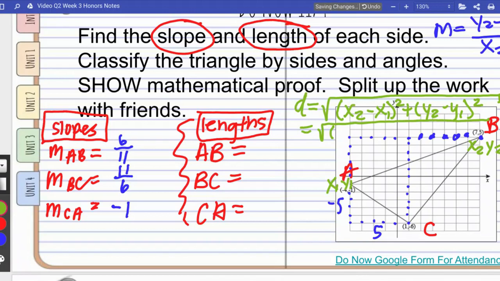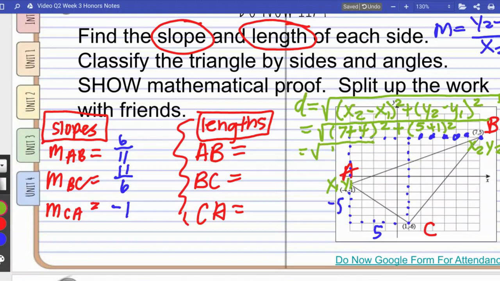x2 is 7. So that's 7 minus negative 4, which makes 7 plus 4 squared, plus y2 minus y1, that's 5 and negative 1. 5 minus negative 1 is 5 plus 1 squared. So when I work this out, I get the square root of, what's 7 plus 4? 10? 11.